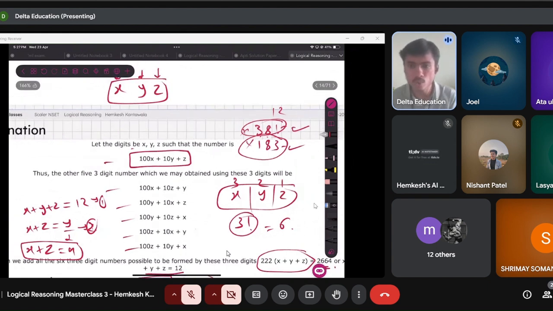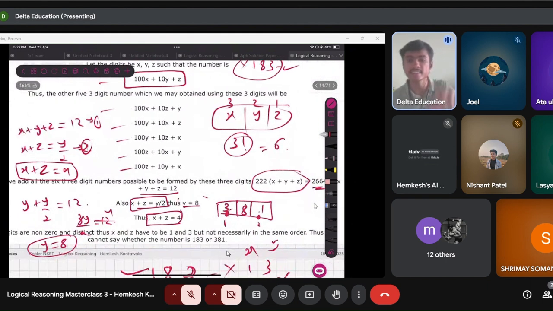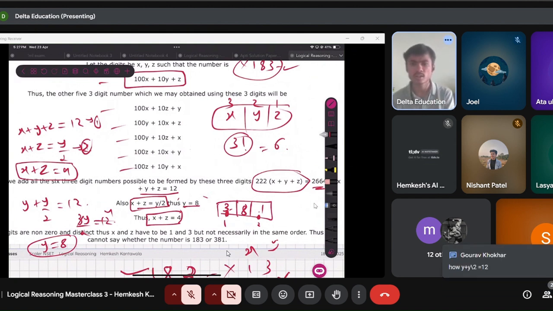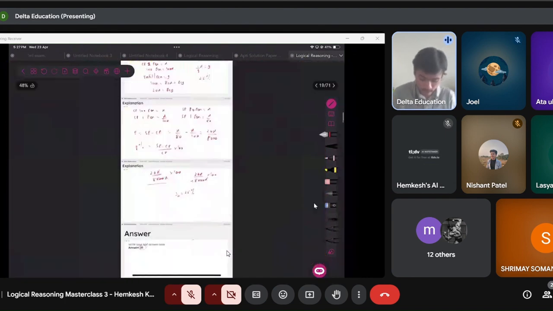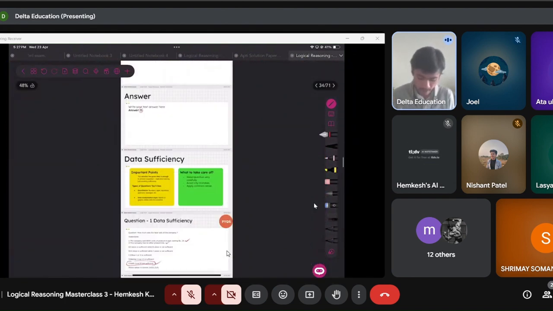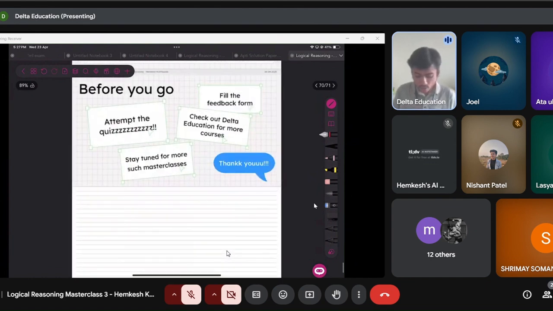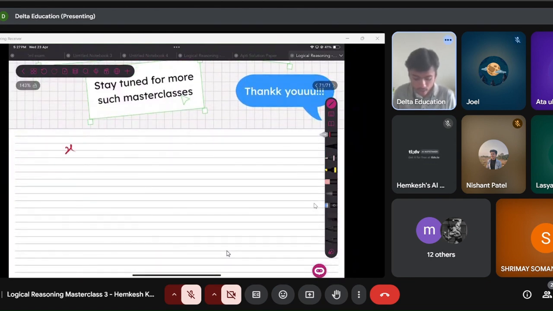So Gaurav, was this the question: explain how the LHS adds? Yes, you need to add all the LHS. See how x plus y plus z becomes y plus y by 2 is equal to 12. Okay, see, just a second, let me go to an empty page. So we know that x plus y plus z was equal to 12, I think so.